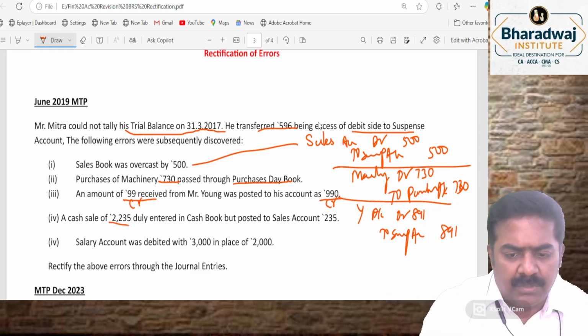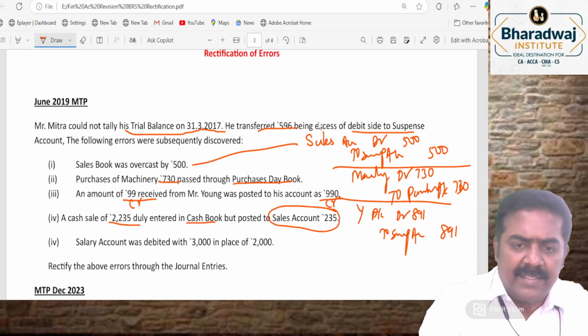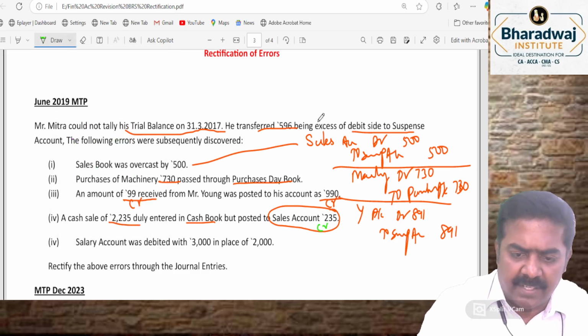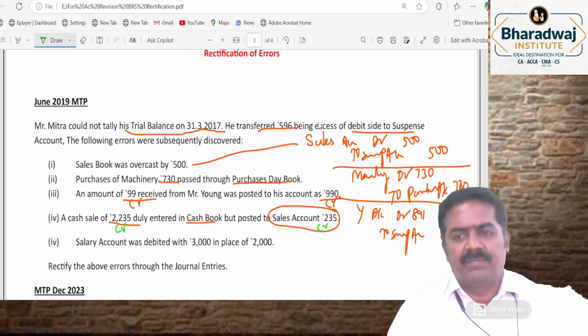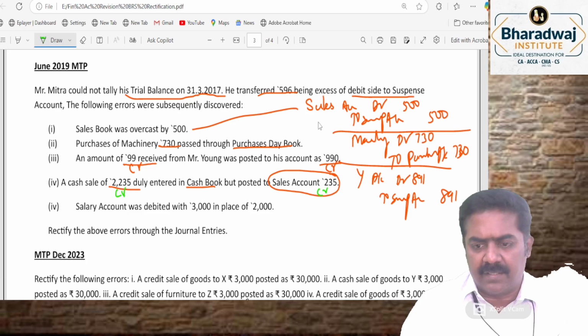Cash sales 2,235 were correctly entered in the cash book, but posted in the sales account as 235. Sales account should have been credited with 2,235, but we credited only 235. How much more? 2,000 more you have to credit.